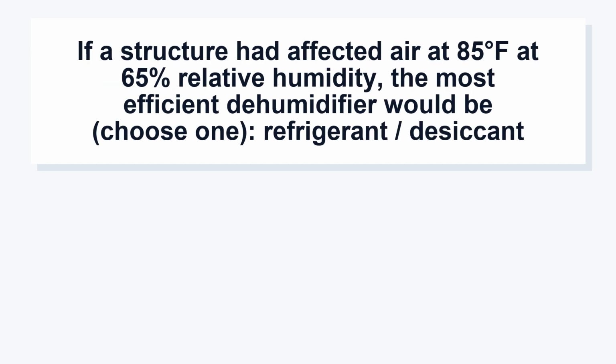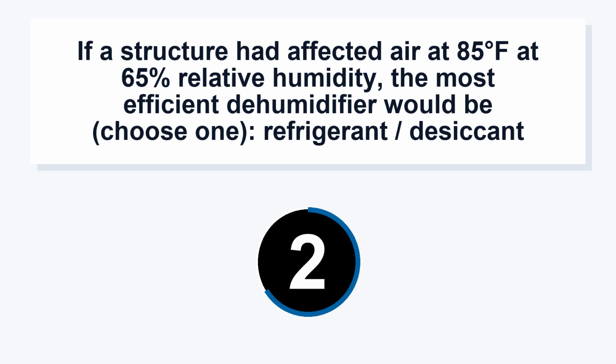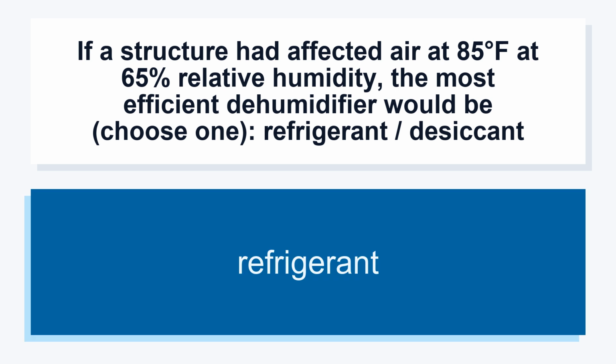If a structure had affected air at 85 degrees Fahrenheit at 65% relative humidity, the most efficient dehumidifier would be, choose one: refrigerant/desiccant. Refrigerant.